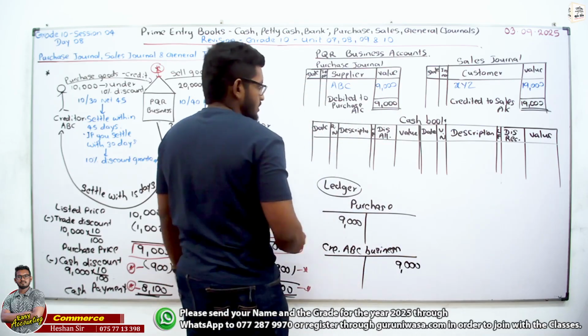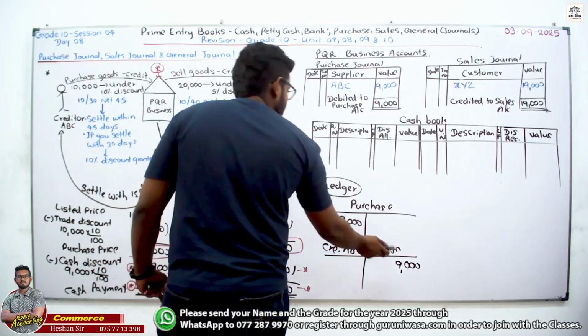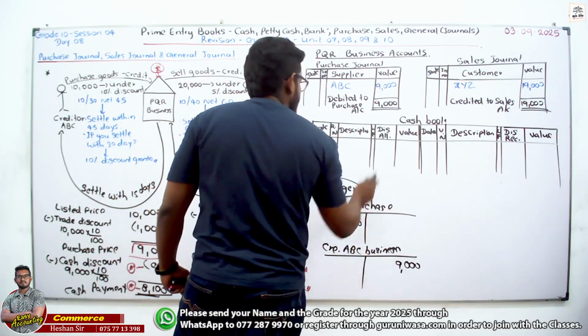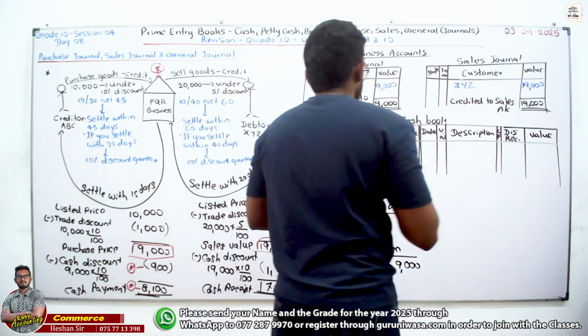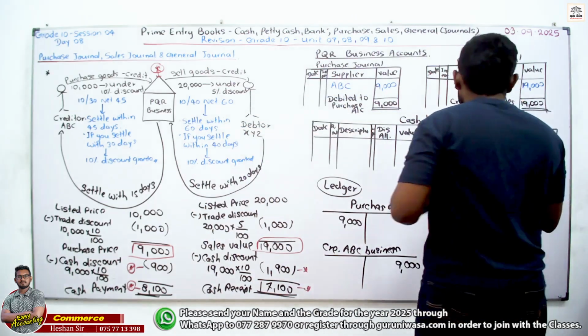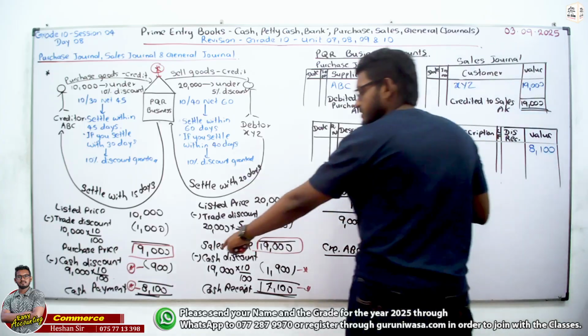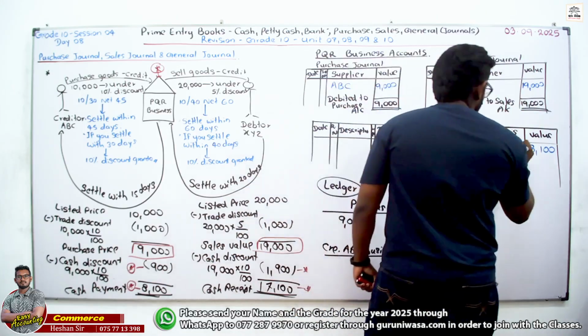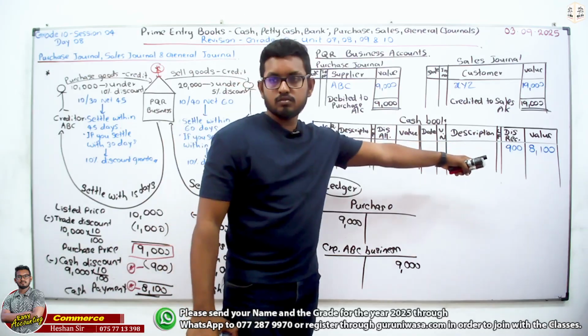I purchased from a creditor. Though I purchased 9,000 worth of goods, I'm paying only 8,100. Why? I received 900 of discount. Got it, guys? Easy, clear?